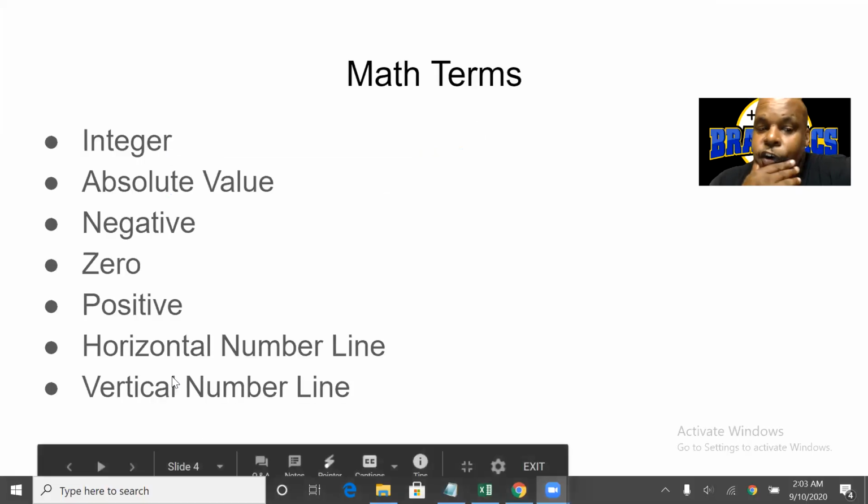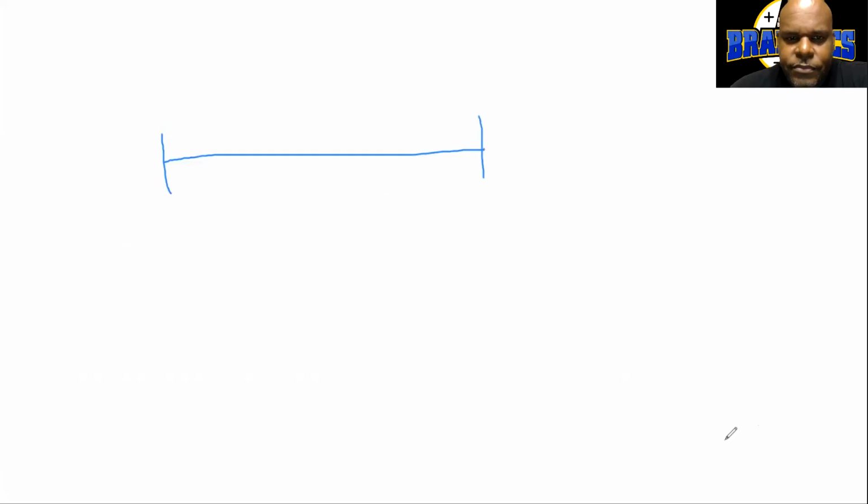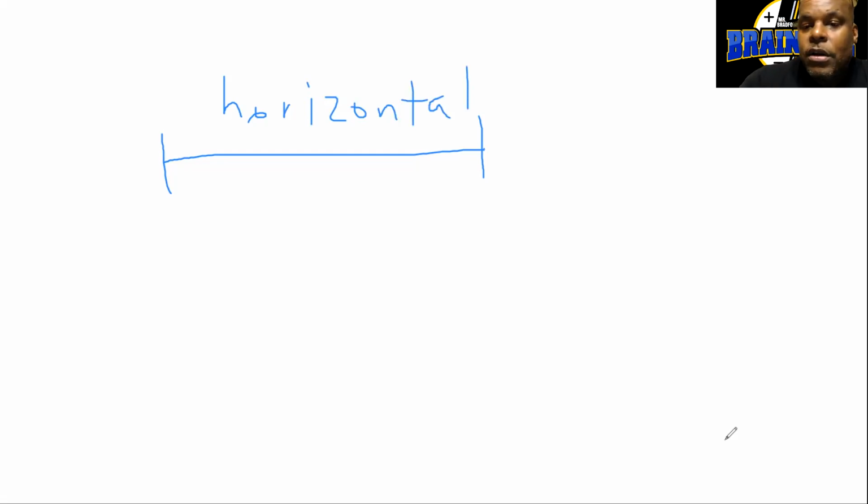What about a vertical number line? If a horizontal number line went from left to right, what would a vertical number line look like? So we said this is horizontal. So vertical would go what?